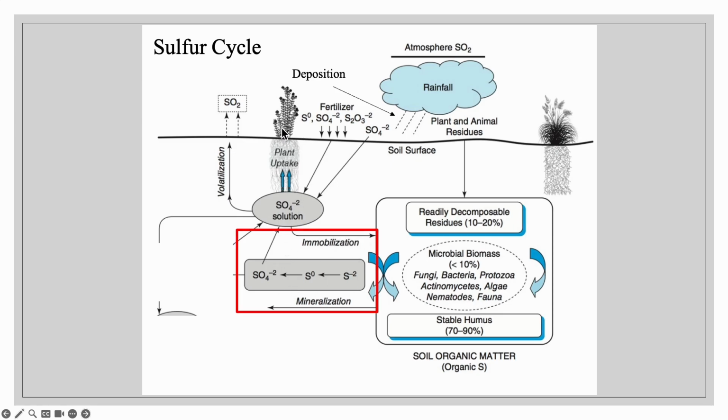So in all of the cycles, we at least have these three transformations. Taken up by the plant, it can undergo immobilization, and it can be mineralized.